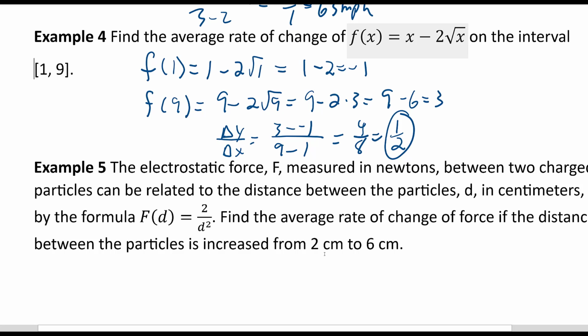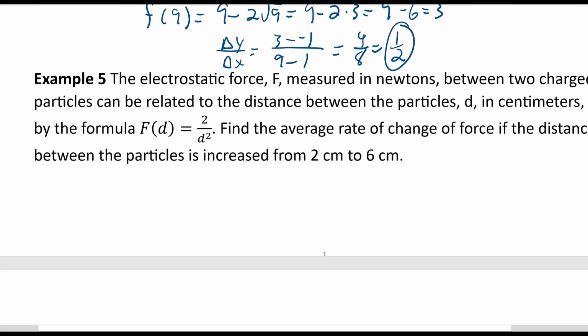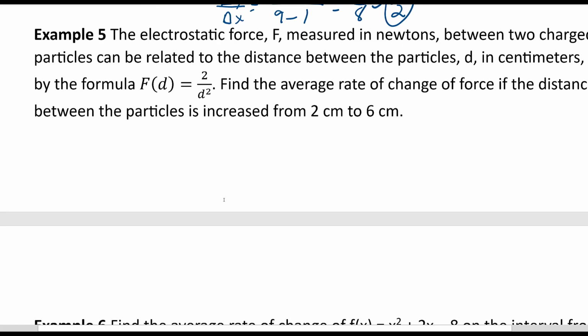Next one, the electrostatic force F measured in newtons between two charged particles can be related to the distance between the particles d in centimeters by the formula F of d equals 2 over d squared. Find the average rate of change of force if the distance between the particles is increased from 2 to 6 centimeters. So force at 2 centimeters is 2 over 2 squared, or 2 over 4, which is 1/2.